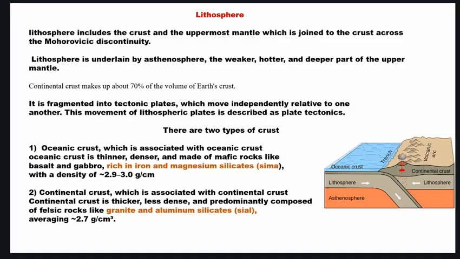Do you understand? Yes. Gabbro and basalt are rocks that are rich in iron and magnesium, which we generally refer to as SIMA in geology. So that is to tell you now that this oceanic crust is heavier than the continental crust. Is that okay? Yes, ma'am.